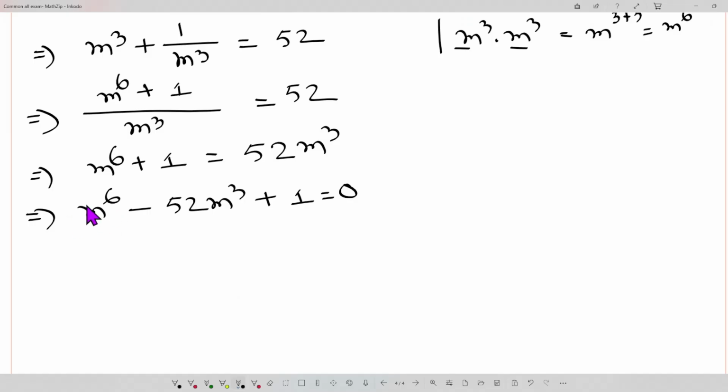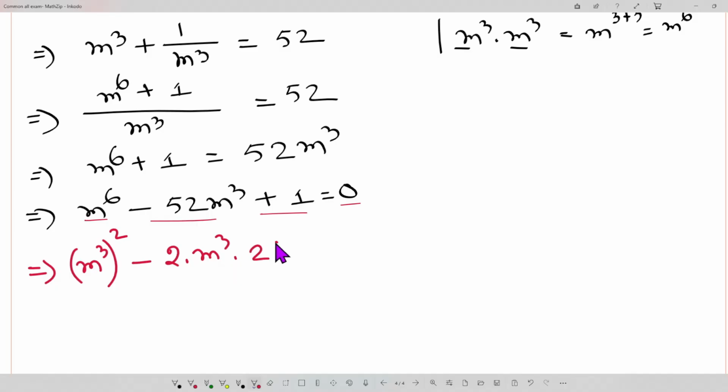Now in here what can we do? Here is m to the power 6 minus 52 m cube plus 1 equals 0. So first, this m to the power 6, we can write as m cube squared. Then minus, here is 52, so in this case we can write 2 times m cube times 26.